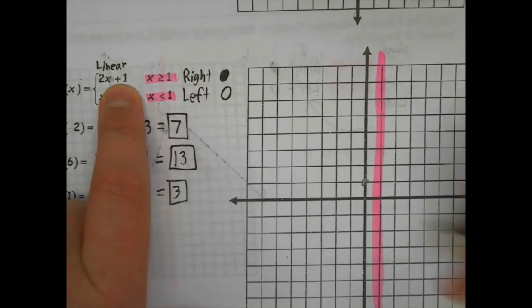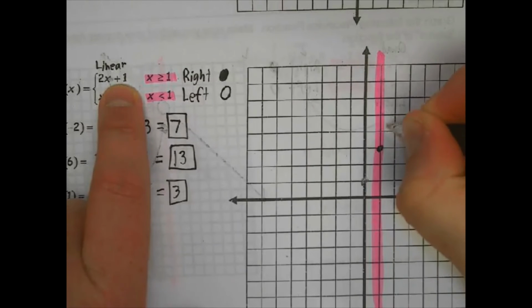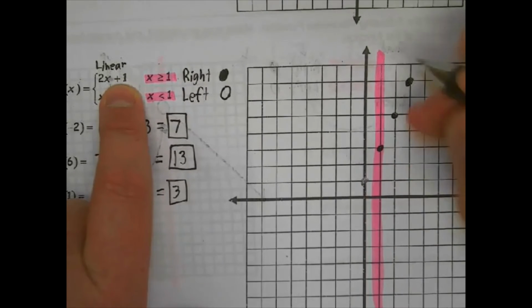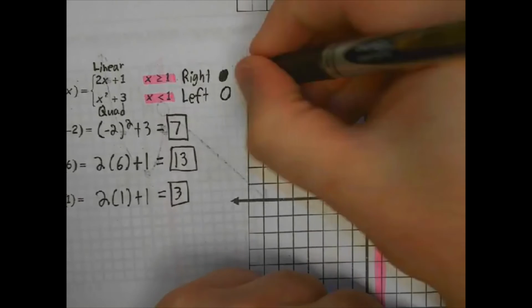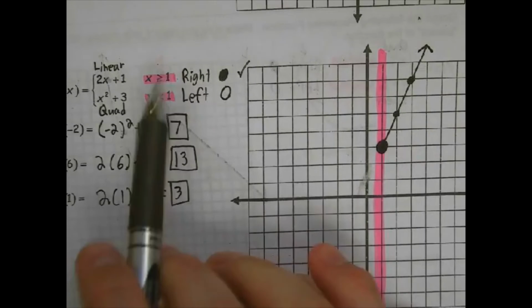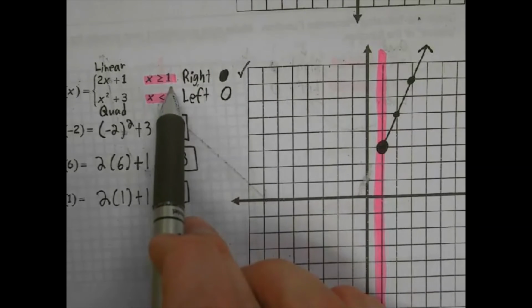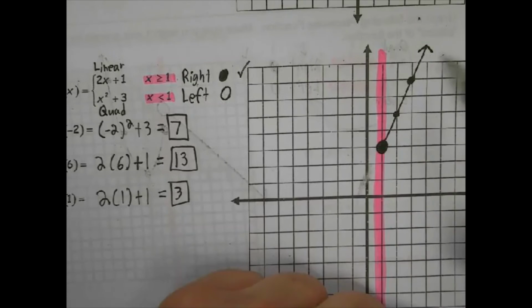So I'm going to go up 2 over 1, up 2 over 1, up 2 over 1, and I'm only going to graph this function to the right of 1. That first one is checked. So just to make sure, is there a linear function to the right of 1 and a closed circle? Yes. Linear equation, closed, and to the right, check.